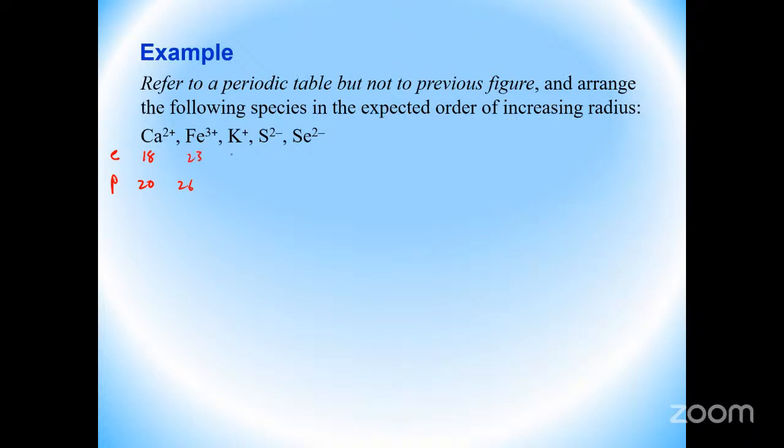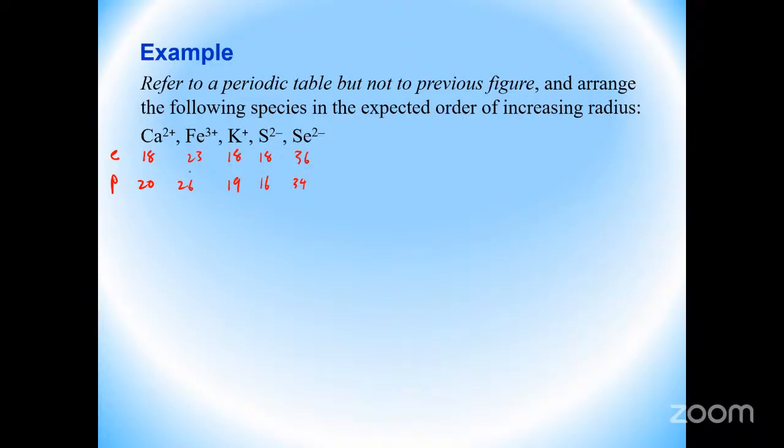Okay. And then potassium. Potassium has 19 protons, minus 1, 18 electrons. Sulfide has 16 protons, plus 2, 18 electrons. And then selenium, what's the atomic number of selenium? 34 protons and 36 electrons.